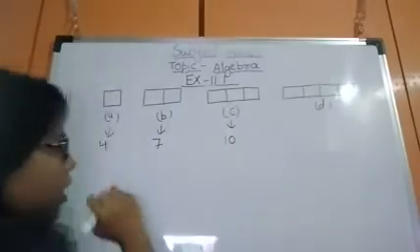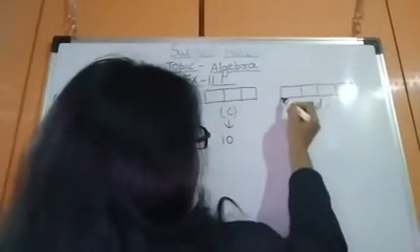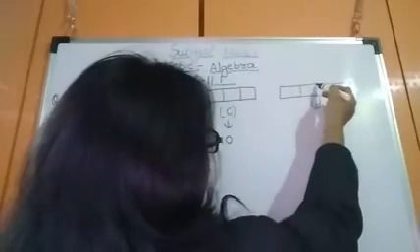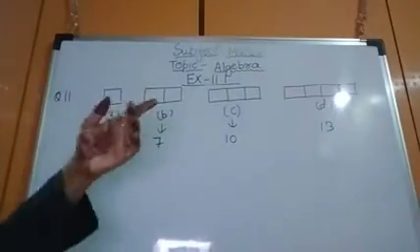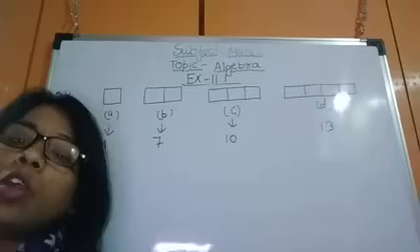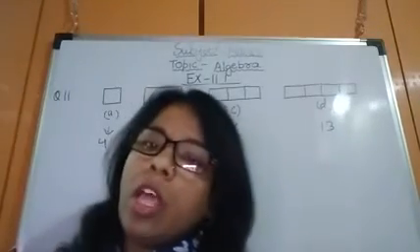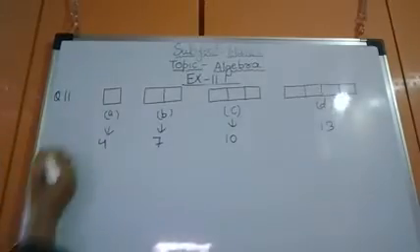So 10 are used, and then 10 plus 3 is 13. 13 matchsticks are needed to make those squares. Now you have to find out the rule. So how can you make a rule?